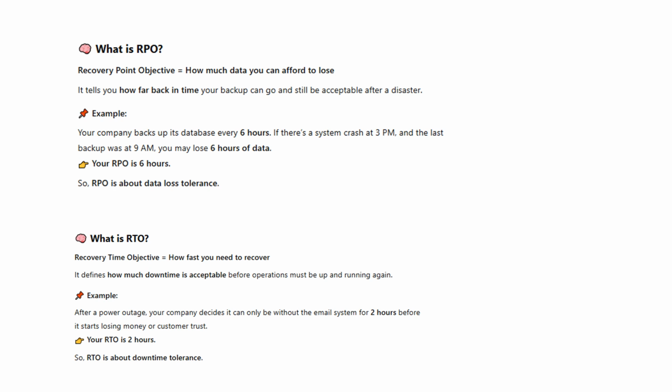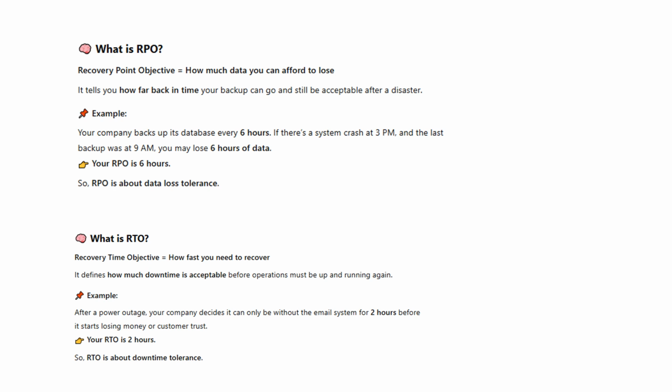It tells how far back in time your backup can go and still be acceptable after a disaster. For example, let's say that your company backs up its database every 6 hours. If there is a system crash at 3 p.m. and the last backup was at 9 a.m., you may lose 6 hours of data. So your RPO is 6 hours. So RPO is about data loss tolerance.